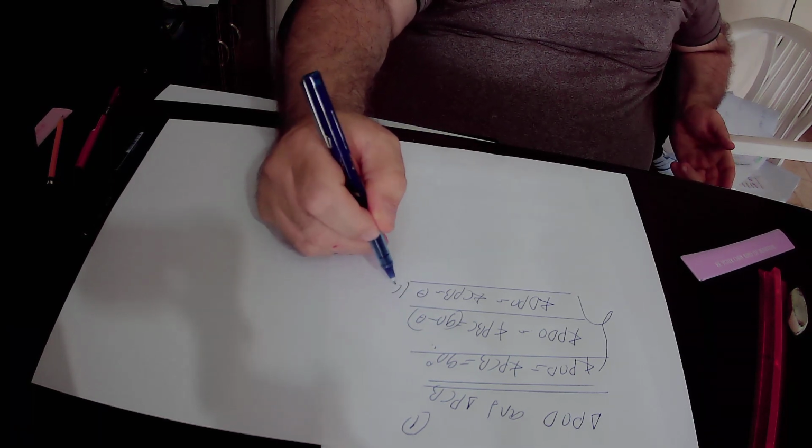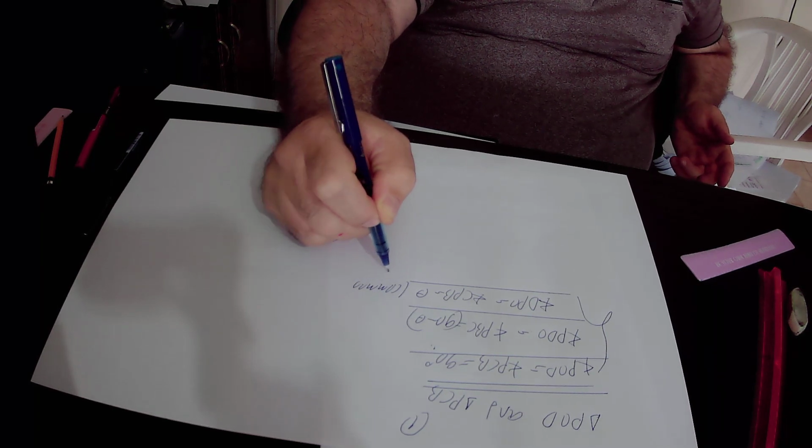This is to say, it is a common angle that belongs to both triangles. So this angle equals itself.